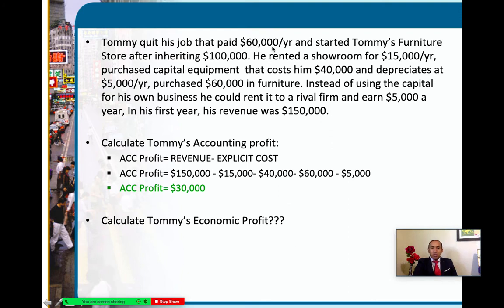So he has an additional $65,000 cost: $60,000 from his job that he left, and $5,000 from the foregone estimated value of the potential capital rent equipment revenue that he could earn. So you need to still account another $65,000 here in order to calculate the economic profit. So for practice, make sure to calculate that profit, and you will see the difference in accounting profit and economic profit as well.